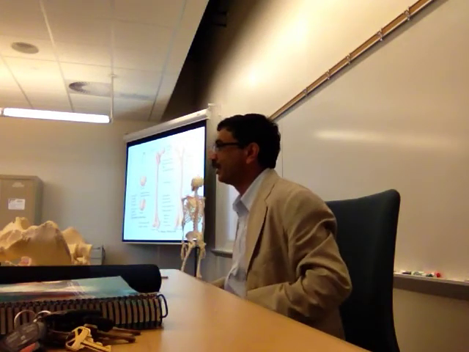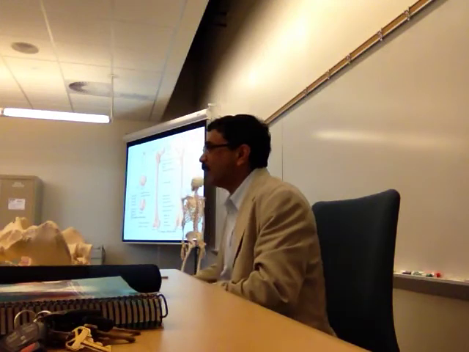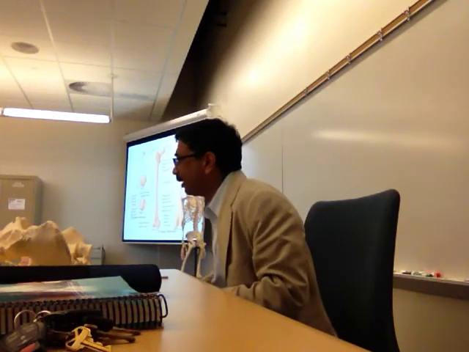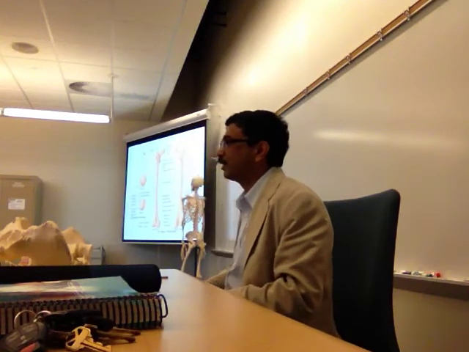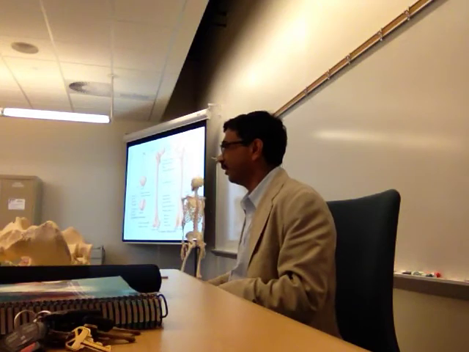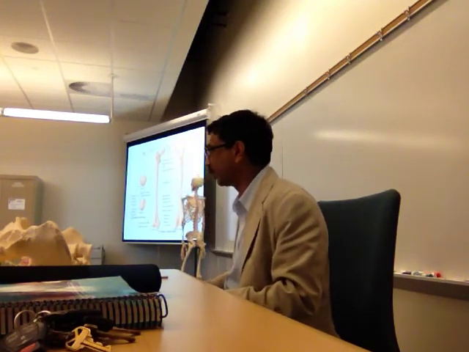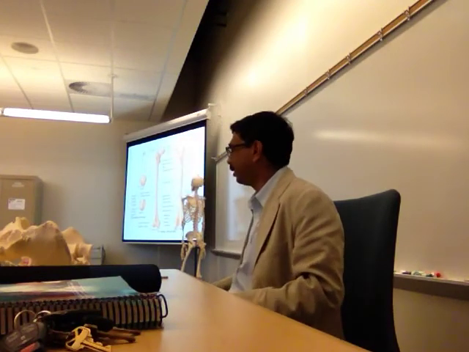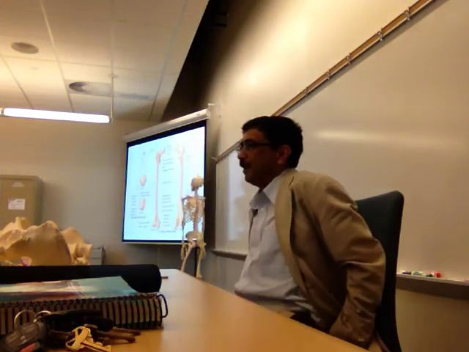So if you compare the upper end of the humerus and the upper end of the femur, both have a head, both have a neck. In case of humerus, you have 2 tubercles, greater and lesser. In case of femur, you have 2 trochanters, not tubercles, greater trochanter and lesser trochanter.